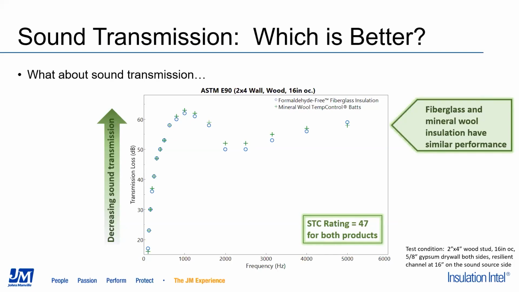What we see is that the mineral wool and the fiberglass results are essentially equivalent in this assembly evaluation, and that just indicates that as a cavity insulation, both of these are going to give you good performance. These are both essentially coming out with an STC rating of 47.